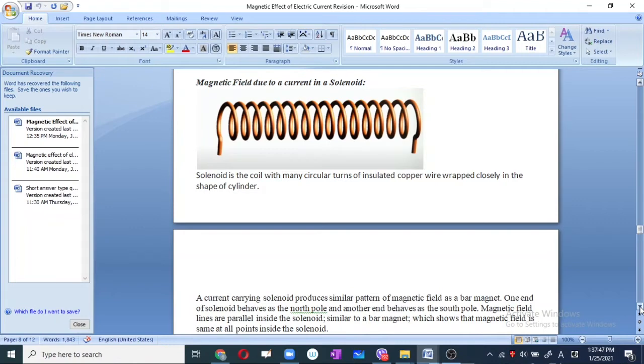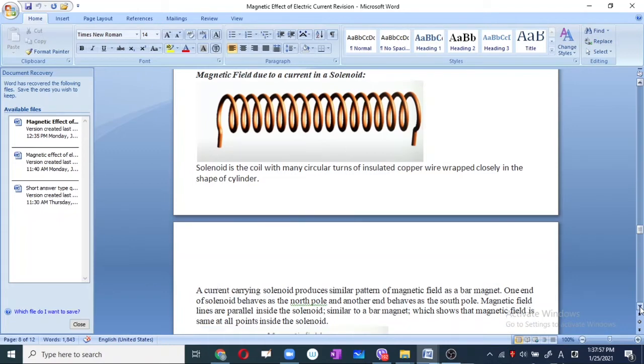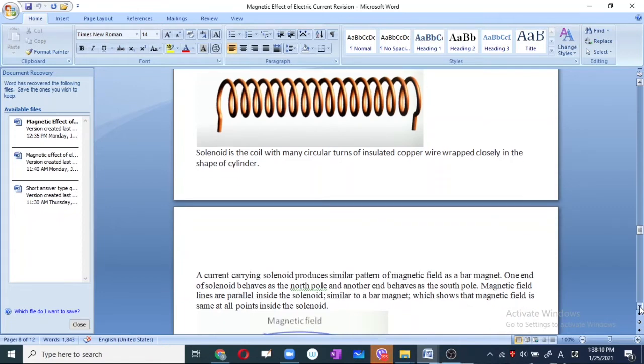Okay, that is also a very important point while defining solenoid. What is that? The length of the solenoid must be greater than the diameter of the solenoid. So solenoid is simply a coil of many turns which is made up of insulated copper wire which is wrapped closely in the shape of cylinder.